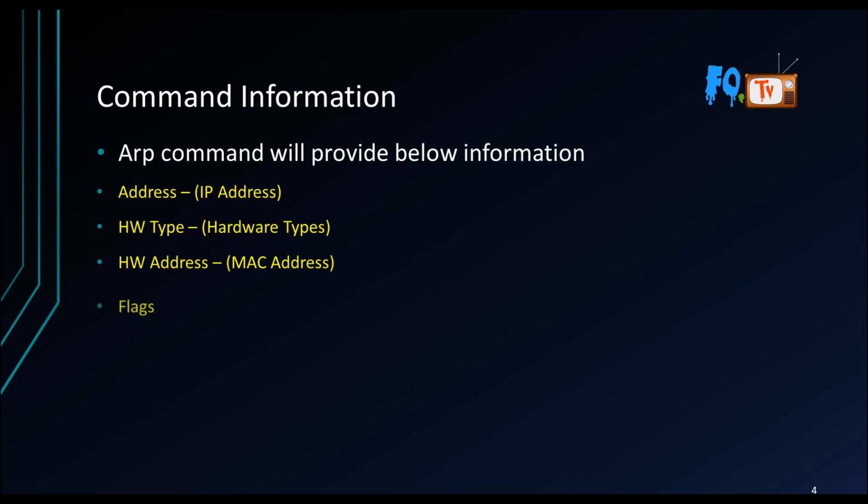Flags indicate what type of ARP entry it is. Based on the flags we can identify the netmask value. And the interface tells which interface you used to send or collect the ARP information from the remote host. That's how the ARP command provides it.